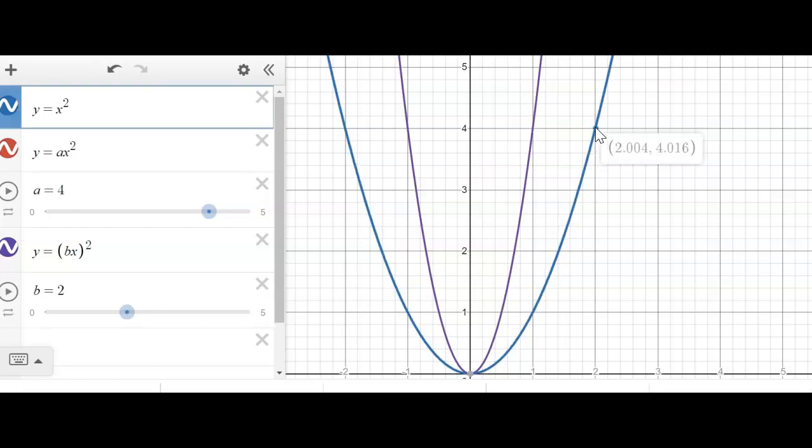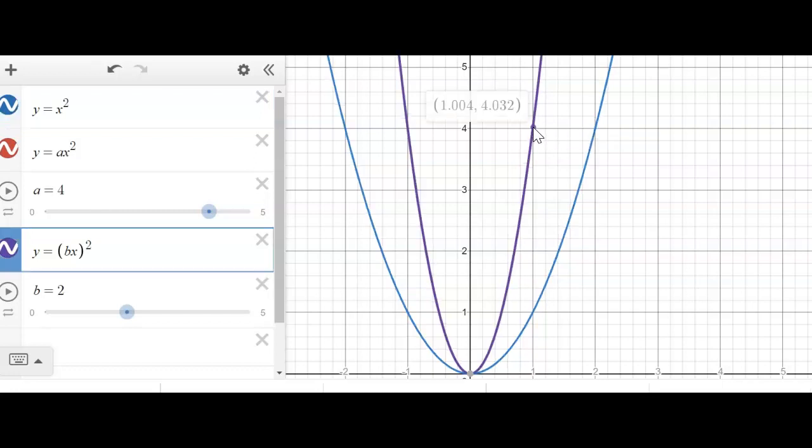So remember the blue curve is our y equals x squared. So when we're doing a dilation from the y-axis, our y-coordinate doesn't change, but our x one does. So remember we're doing a half. So a half of 2 is 1. And there's that point there, 1, 4.